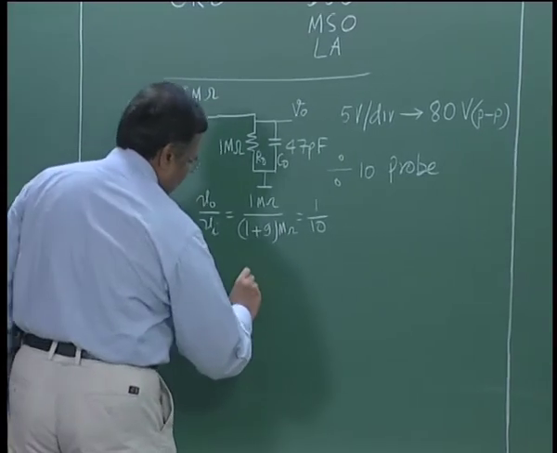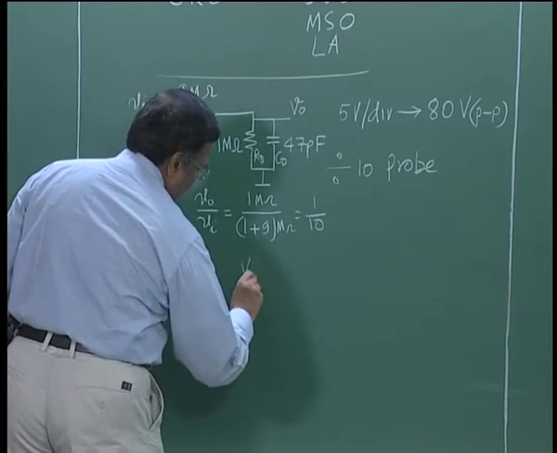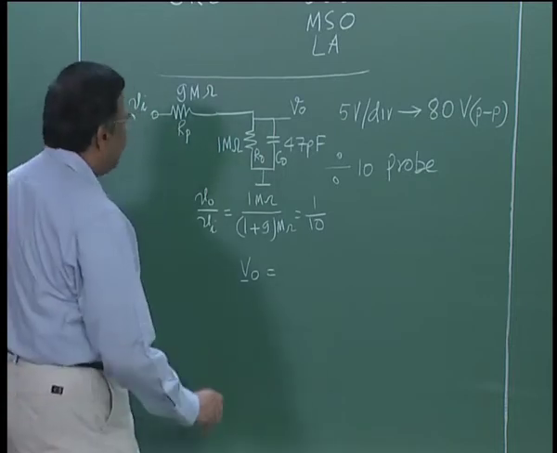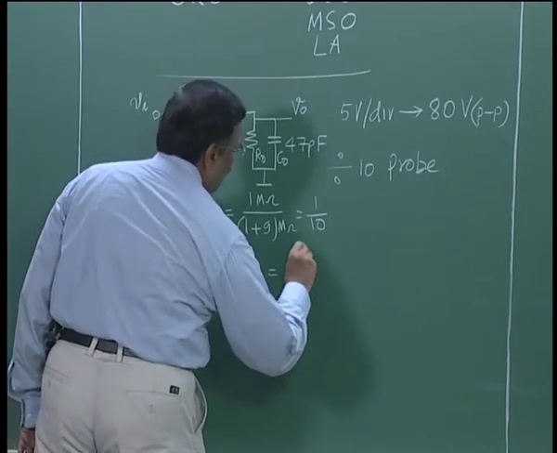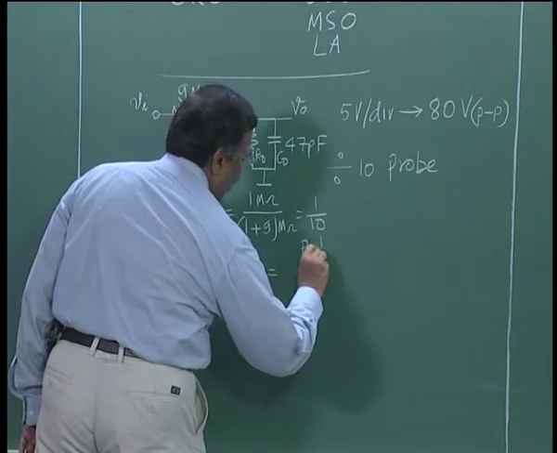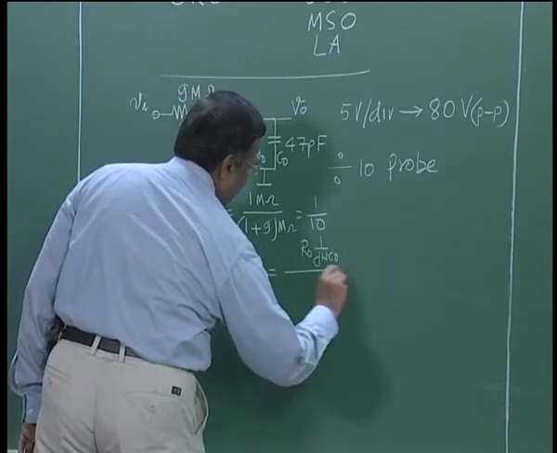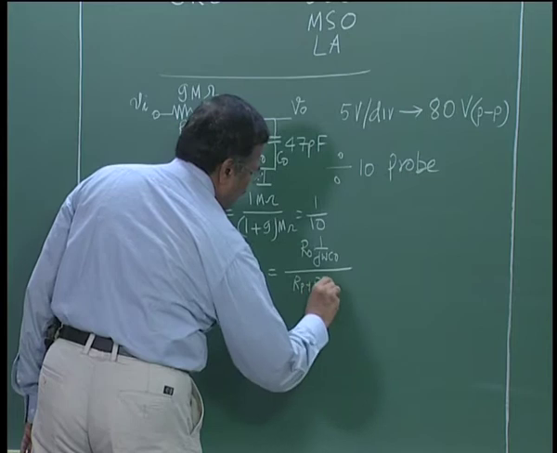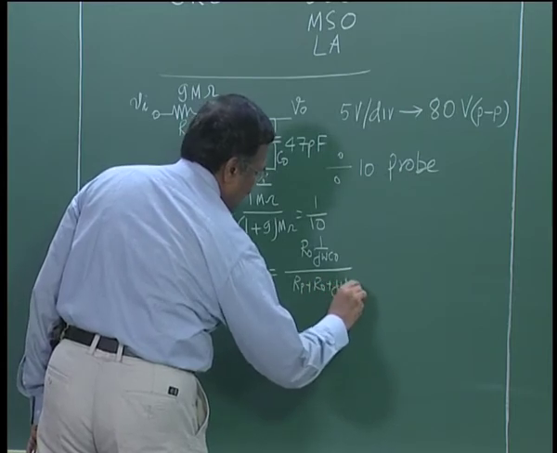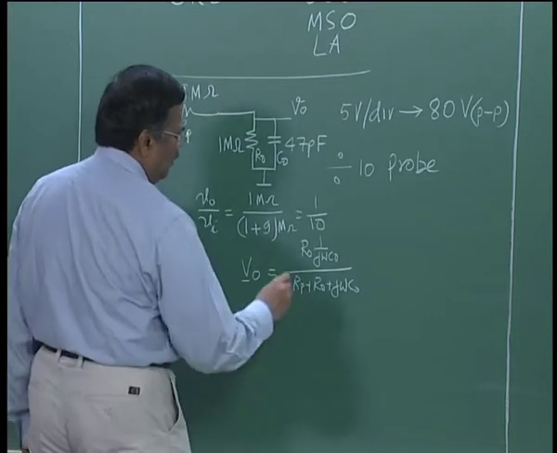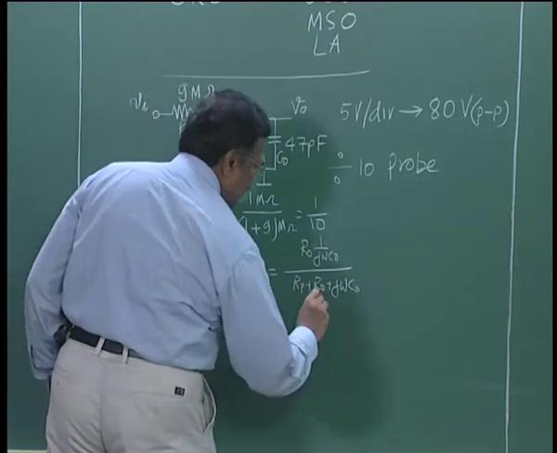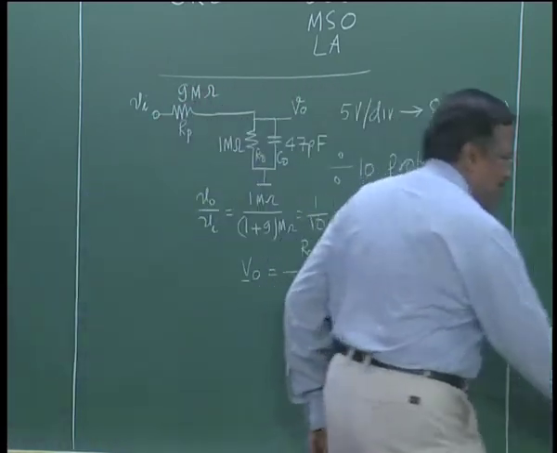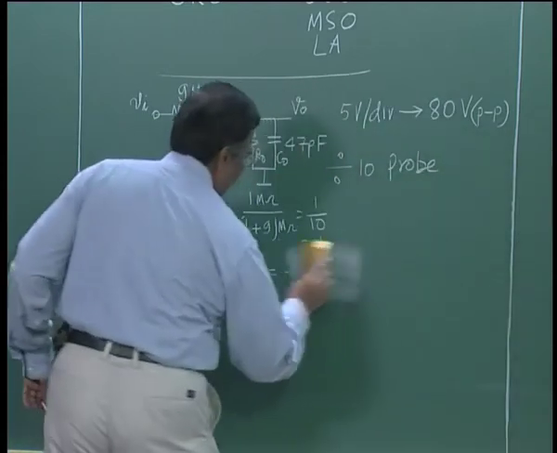The division, V naught as a phasor as a function of frequency would be R naught into 1 by j omega C naught divided by R probe plus R naught plus j omega C naught, right. Oh no, let me write it clearly, one more step.